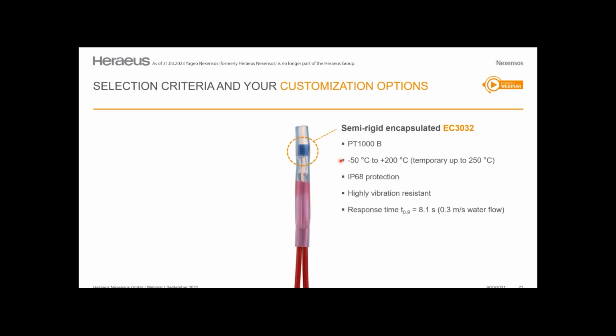It has an IP68 protection and a high vibration resistance, good response time. We can even offer options that are a little bit faster with adjusted shapes. And this type of element is used in industrial automation, but also frequently in a lot of electric motors to protect the motor from overheating and to ensure that it's working over many years.